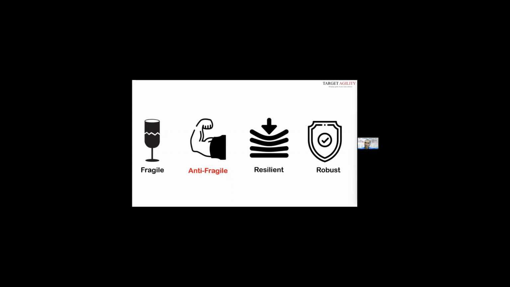Anti-fragile is something that has the ability to get better. Each time you cause a disruption, it comes back even stronger so that it can avoid such disruptions in the future. In fact, this term itself was coined by the famous author Nassim Nicholas Taleb.